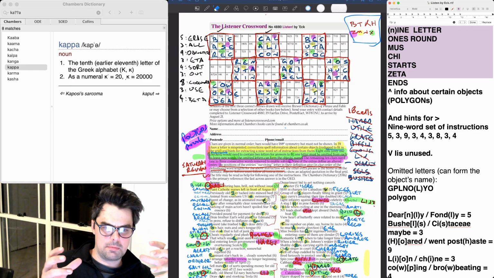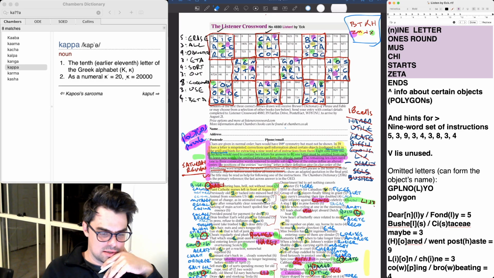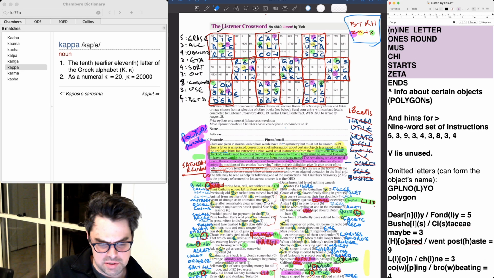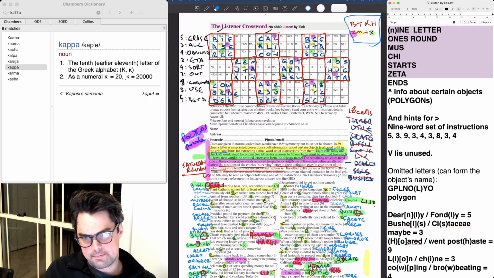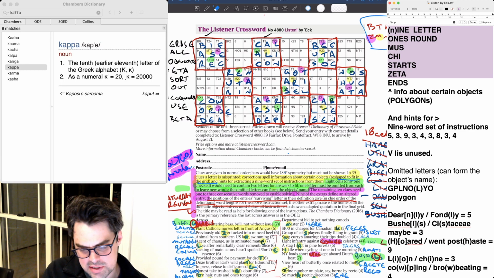Polygons is that word game where you have a number of letters and you need to make anagrams out of it using a central letter. But that message gave some context to all these letters and numbers which were previously in the grid.